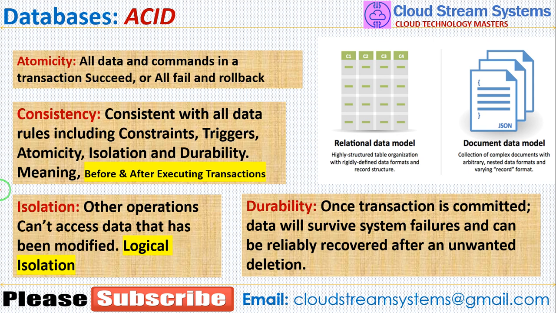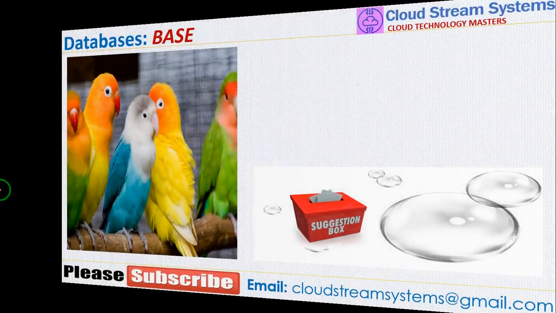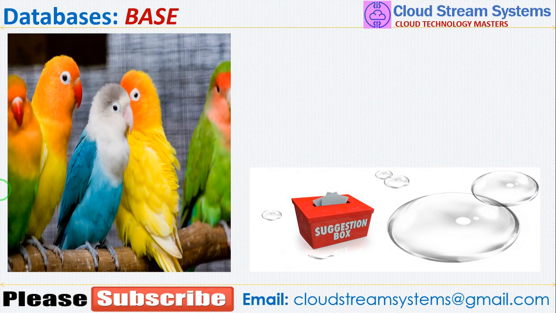Isolation, so independent. Even though millions or billions of transactions are occurring, they should not impact each other. Durability, so how long you need, the data gets stored over there. So relational databases try following the ACID consistency model.